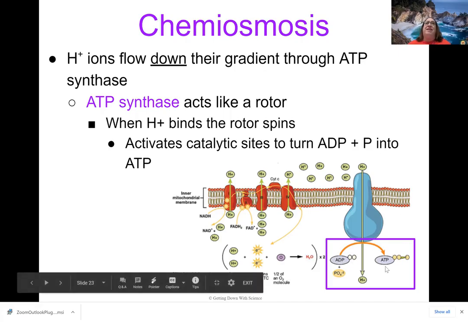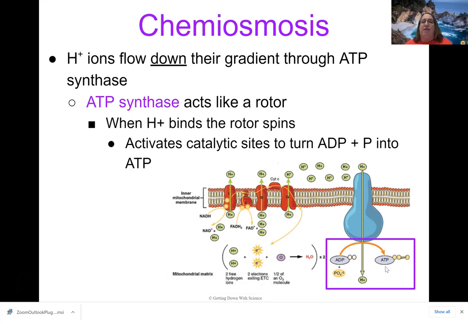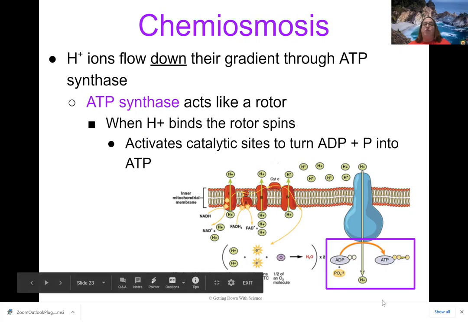It's kind of like how we generate electricity, if you think about it, with like a hydroelectric dam, is they actually have these rotors that are spinning due to the water movement. Well, we have a rotor that's spinning due to the hydrogen movement. And that spinning is what actually makes it possible to create the energy.